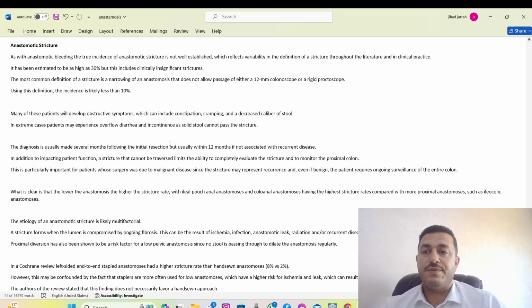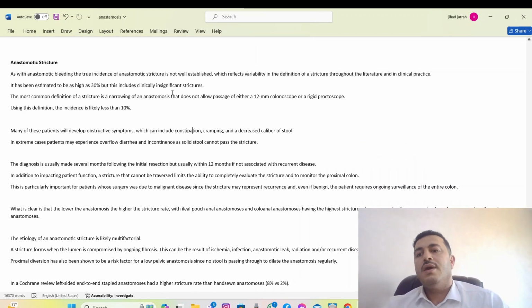Anastomotic stricture. Okay, stricture, like bleeding, is usually clinically insignificant. They are unreported because they are clinically insignificant.